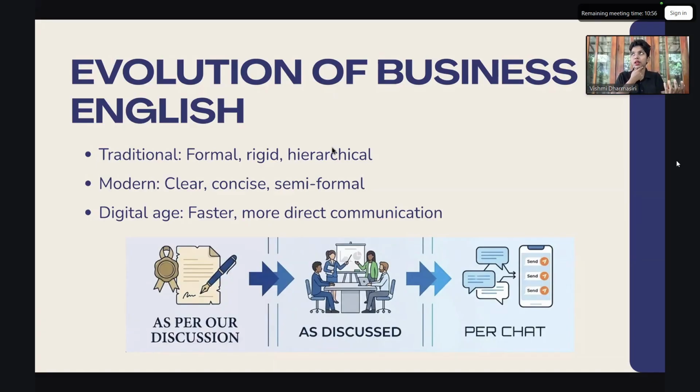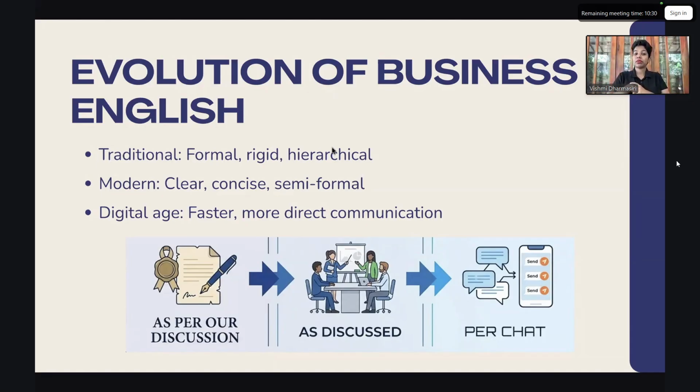For example, when we talk about the hierarchy of the company, there were certain terms they used to address each other, to talk to each other. For example, sir, madam, those words that we almost no longer use.